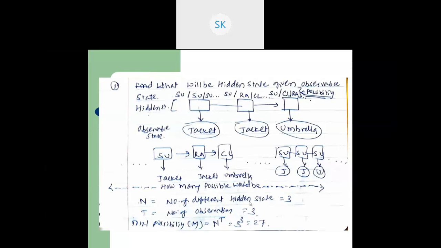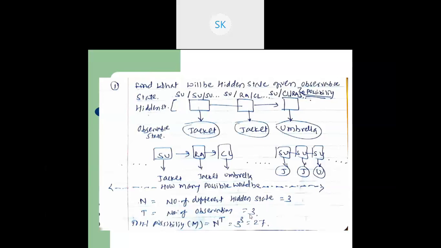So n is the total number of different hidden states. We have three hidden states: one, two, three. Why three? Because in the question the observable states are jacket, jacket, and umbrella, and we need to find the hidden state with respect to this observation. The number of different hidden states in a given column is three: one box, second box, third box.